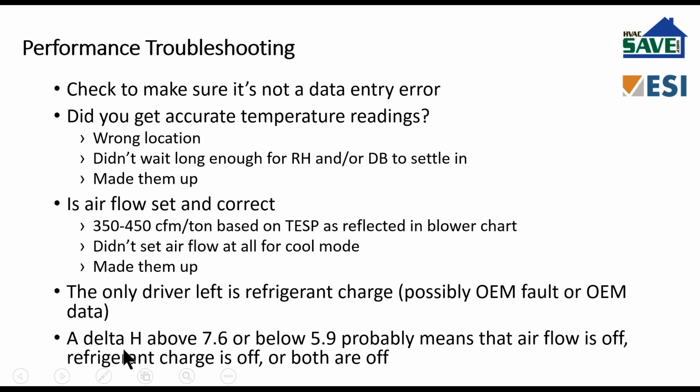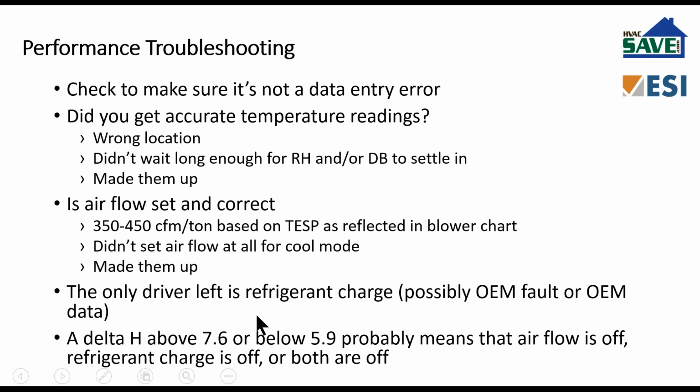Okay, last thing on delta H again, you don't necessarily have to look at delta H, but it may be helpful to you, particularly if you need to troubleshoot. This is only a rule of thumb, but it might be a good rule of thumb for you. If you have a delta H above 7.6 or below 5.9, give or take, that probably means that airflow is off, refrigerant charge is off, or both are off.